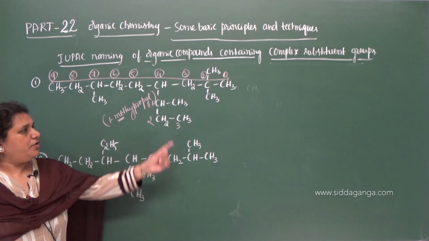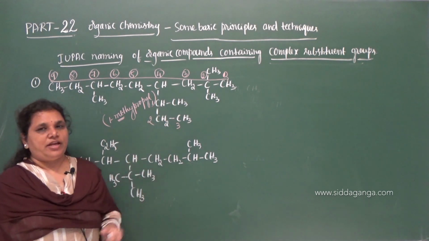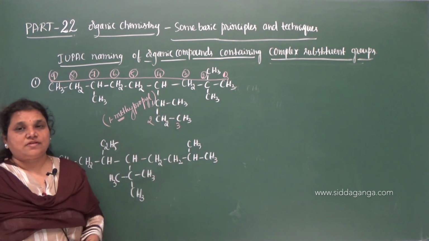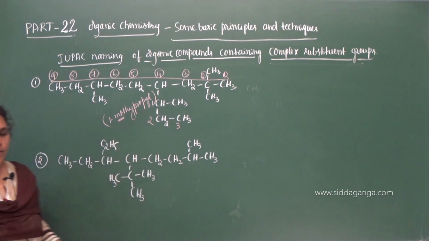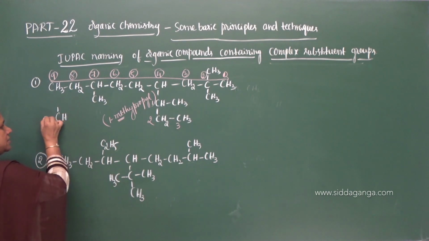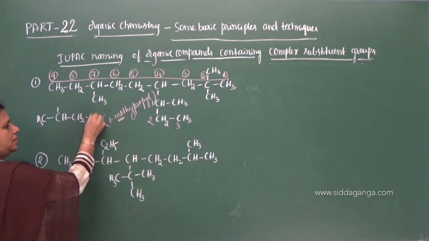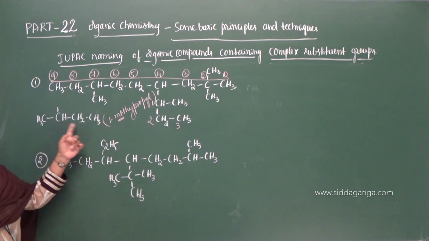Or else you can also name this by using the trivial name. For CH3, CH, CH2, CH3, it will be secondary butyl. So the substituent group, I will rewrite the substituent group here. How is it? This is like this. According to the IUPAC system, the name is 1-methyl propyl.